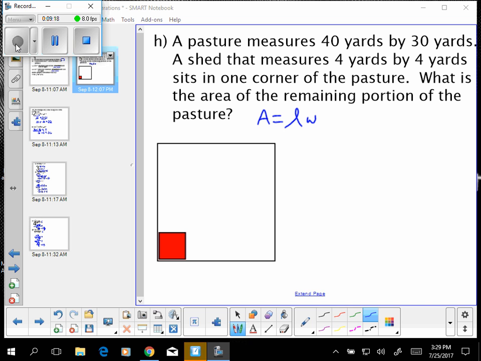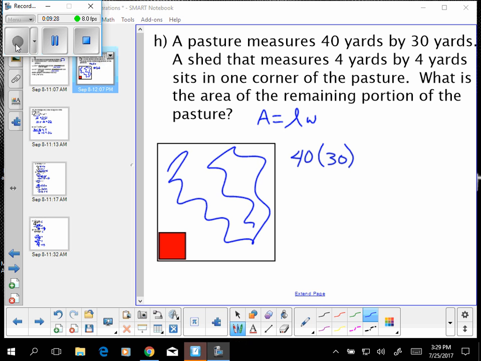I know that I have the big area, which is found by taking 40 times 30. And just to find what's left over here, if I don't take into consideration the shed, I'll subtract the area of the shed, which is 4 times 4.